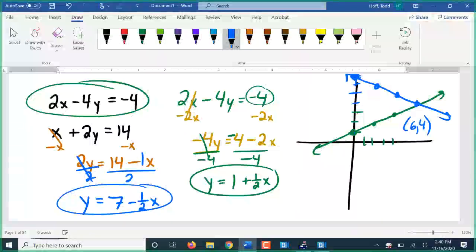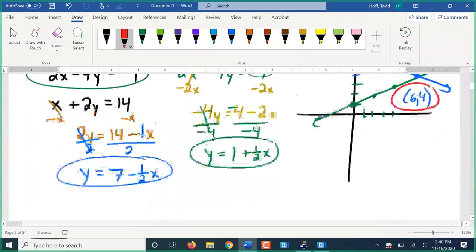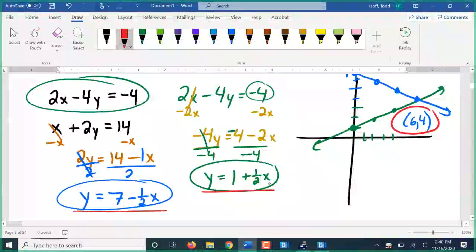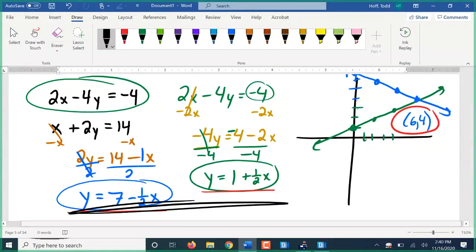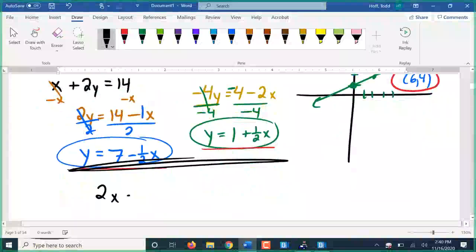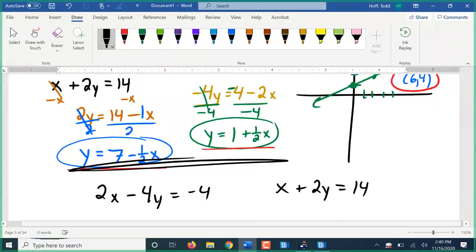So when we get that point, if we're doing this by graphing, what we really should do is test it in both equations. I can either use the ones I solved here, or I can go back to the originals. Probably safer to go back to the originals, just in case we made a mistake solving one of these equations. So 2x minus 4y equals negative 4 is our first equation. X plus 2y equals 14 is our second equation. Let's try that 6, 4 in both of them.